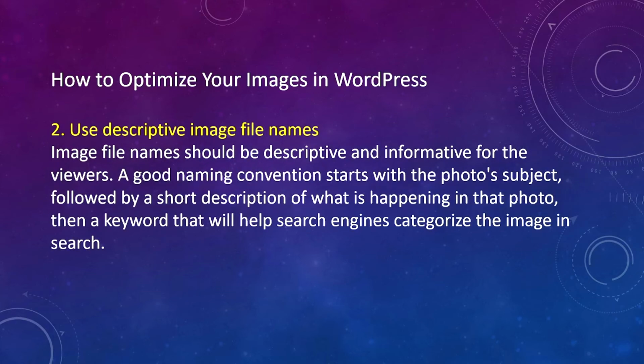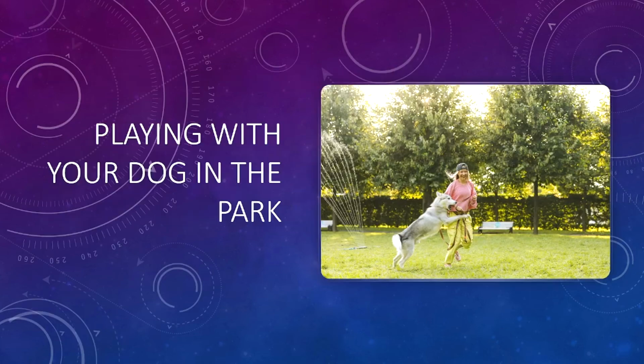All right, you want to use descriptive image file names. Now, image file names should be descriptive and informative for the viewers. A good naming convention starts with the photo's subject, followed by a short description of what is happening in that photo. Then a keyword that will help search engines categorize the image in search.